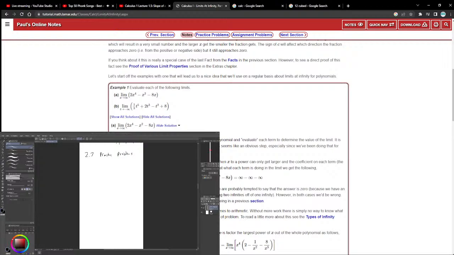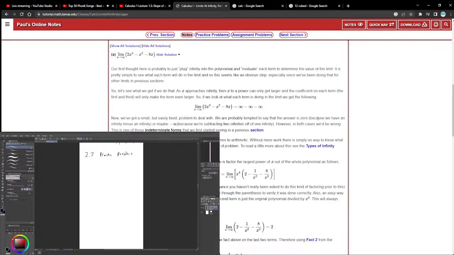Now we've got a small but easily fixed problem to deal with. We are probably tempted to say that the answer is 0, because we have an infinity minus an infinity, or maybe negative infinity, because we're subtracting 2 infinities off of 1 infinity. However, in both cases we'd be wrong. This is one of those intermediate forms that we first started seeing in the previous section.